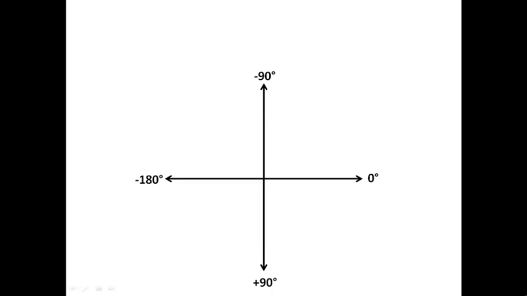So don't be confused when I say that between 0 and minus 90 degrees is the left upper quadrant, from 0 to plus 90 degrees is the left lower quadrant, from plus 90 to minus 180 is the right lower quadrant, and from minus 90 to minus 180 is the right upper quadrant.